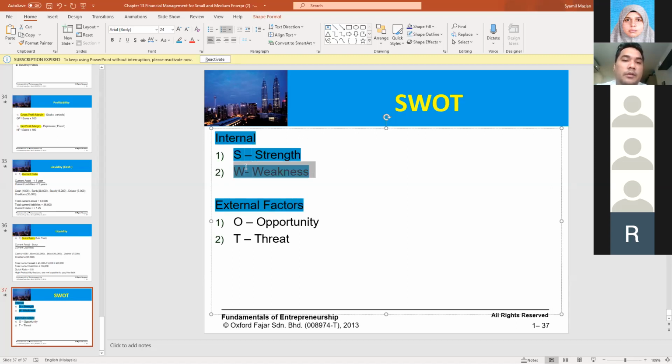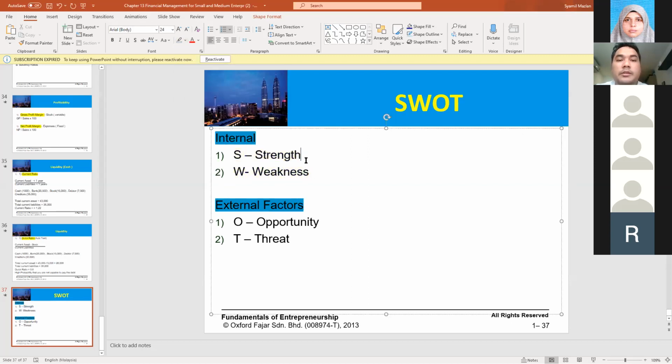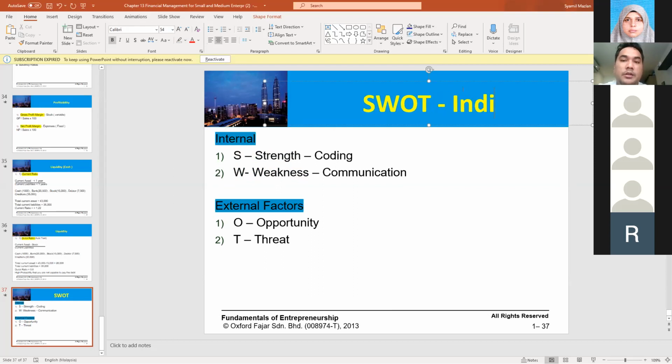Okay. For example, let's do this for the individual basis. Your strength is that you know how to do coding. But your weakness is that you have a problem with communication. Okay, this is SWOT for the individual. What about for the company?